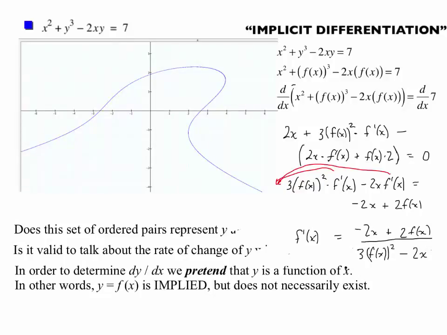Okay, but what was f of x in the first place? That was just y. And what did we say our independent entity was going to be to find the rate of change? An x. And look at what it's become.